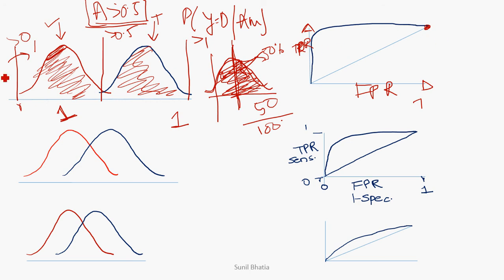So when the threshold is over here, we are going to have the false positive rate as 1 and true positive rate as 1. When we have a threshold over here, let's say greater than 0.5, what we're going to have is the red values towards the right divided by the entire red values.